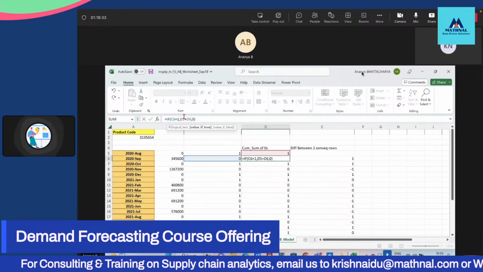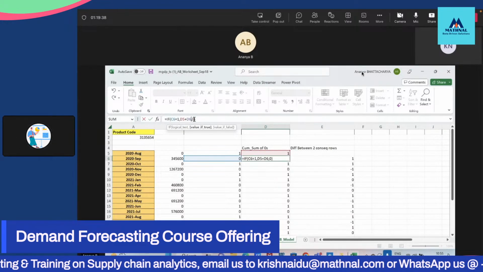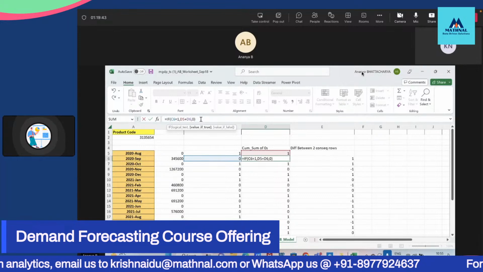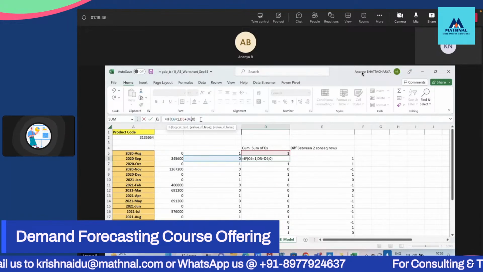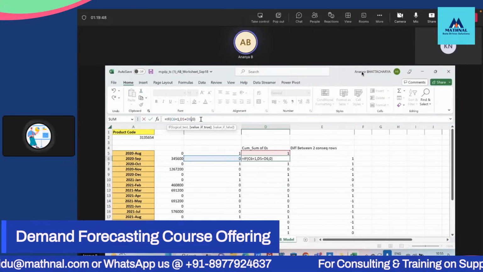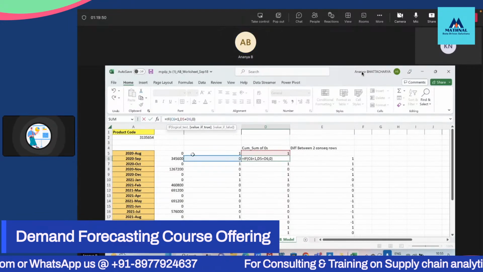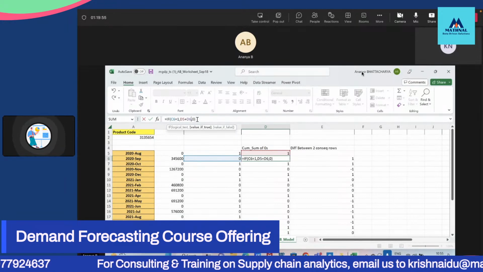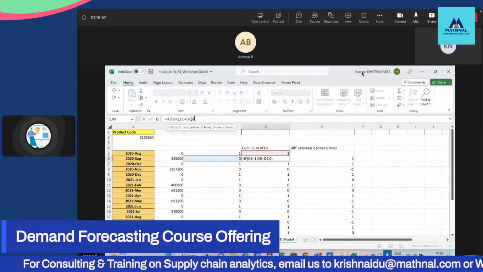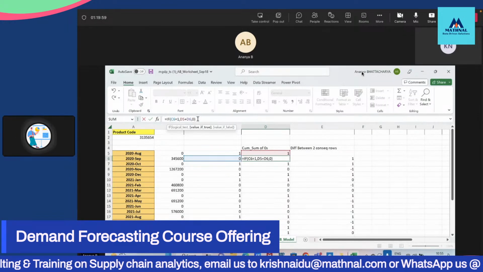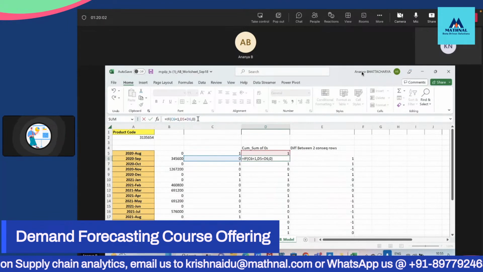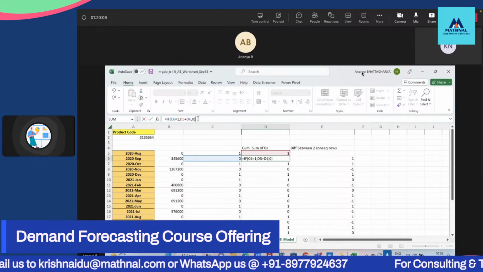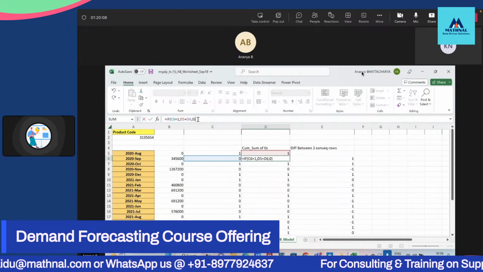If C6 is equal to 1, we are going to count. If 1 is there, we're going to count. If it is 0, then we can also take D5 plus 0. Now, if C6 is equal to 1, then we are going to take D5 plus D6.